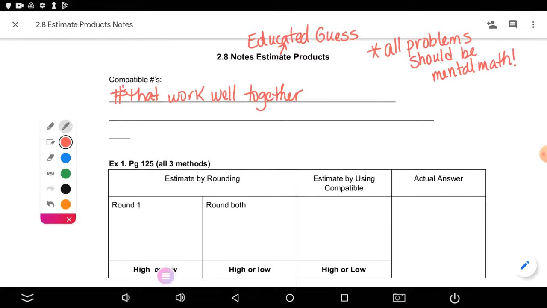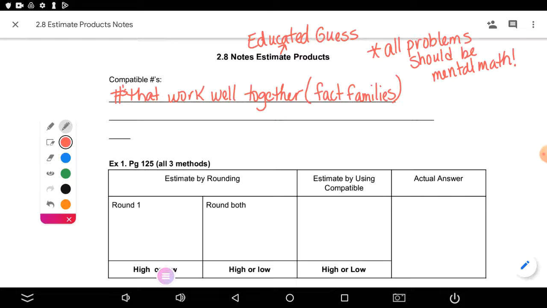In math, what do we usually call those numbers? The ones that work well together. Emma? Fact families. So I want you to think fact families. Fact families is a group of compatible numbers.